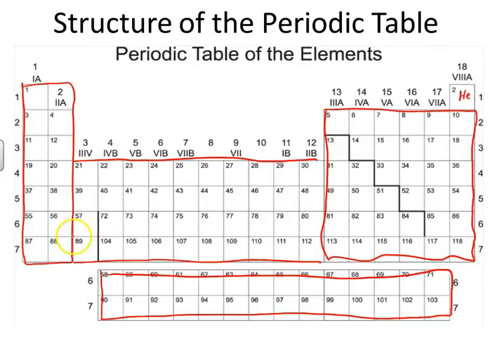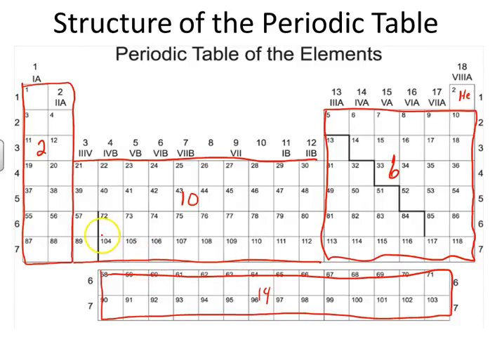If we count the width of the sections of the periodic table, you'll see that here we have essentially 2 elements wide. In this section we have 1, 2, 3, 4, 5, 6, 7, 8, 9, 10 wide. In this section, except for helium, we have 6 wide, and in this section down below we have 14.